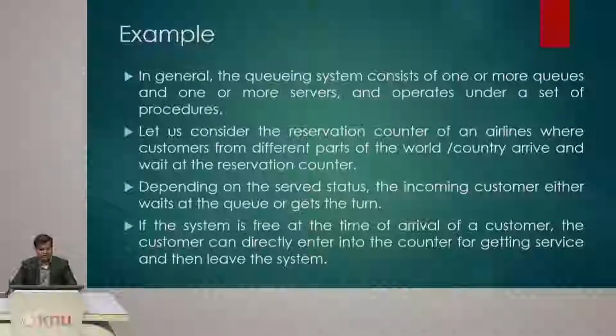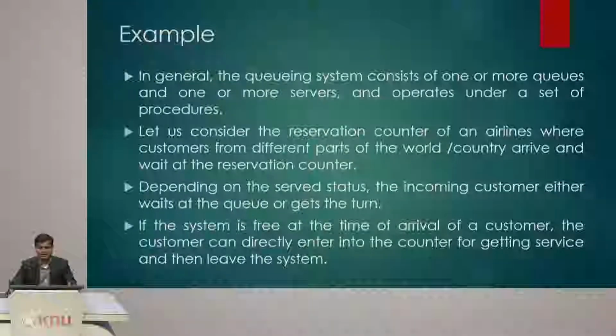So generally speaking, the queuing system consists of one or more queues and one or more servers, and operates under a set of procedures. So let's consider a reservation counter of an airline where customers from different parts of the world arrive and wait at the reservation counter.